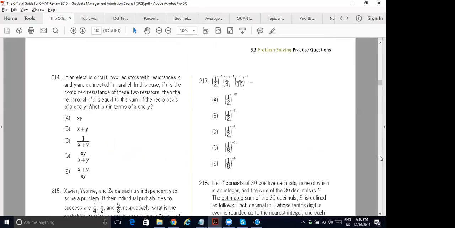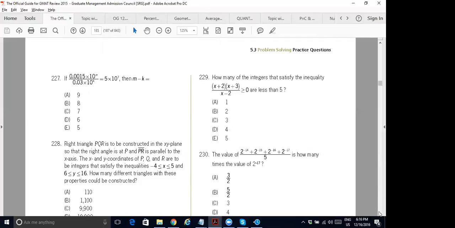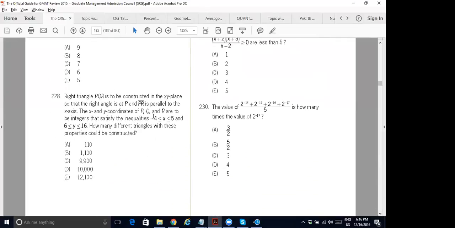On this question, they have mixed all these things. They have introduced inequalities, coordinate geometry, and they have asked you to calculate how many possibilities are there. So they have included combinatorics, inequalities, coordinate, everything.